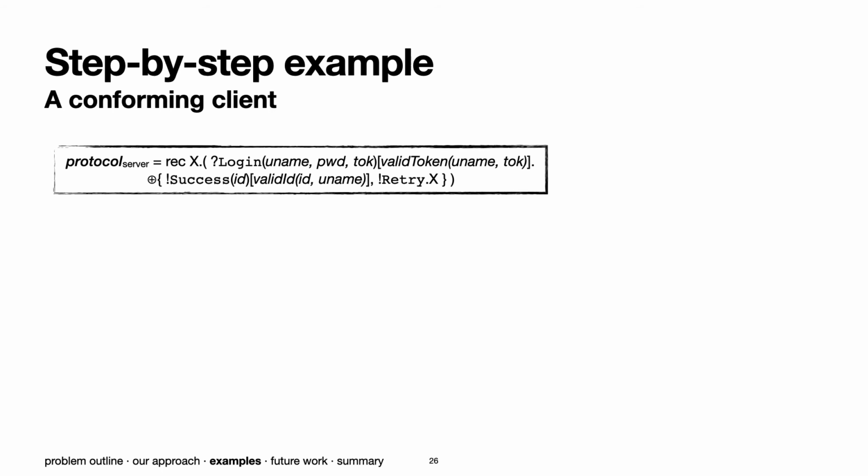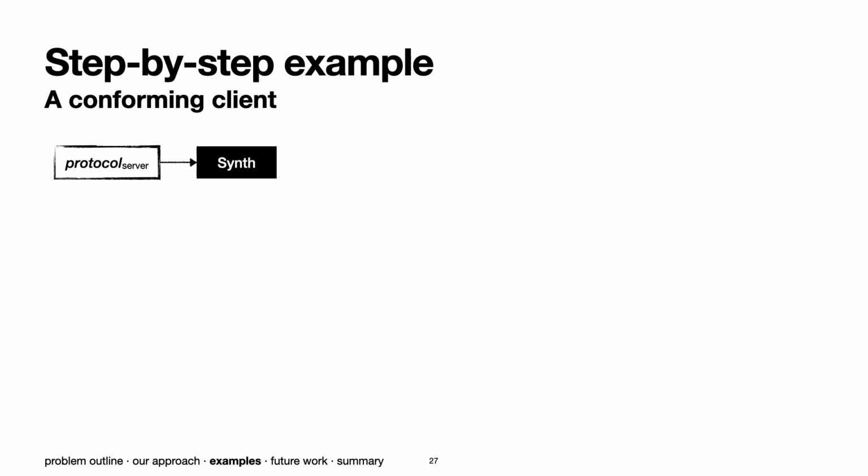To further explain our approach, I shall go through a couple of examples. To start with, we generate the monitor by passing the protocol to the synthesizer. The synthesizer ensures that the protocol is written correctly, and it synthesizes the protocol classes and the monitor.